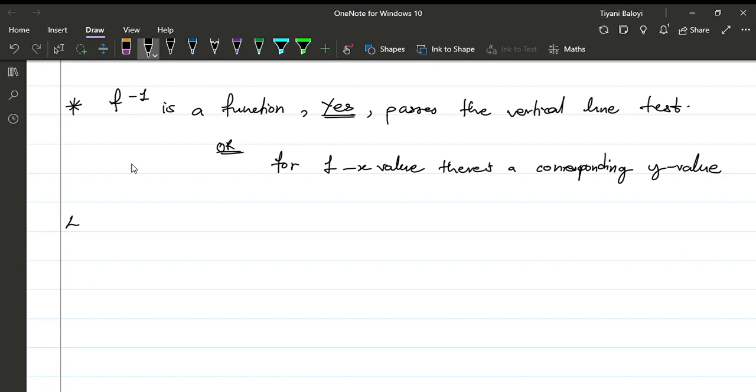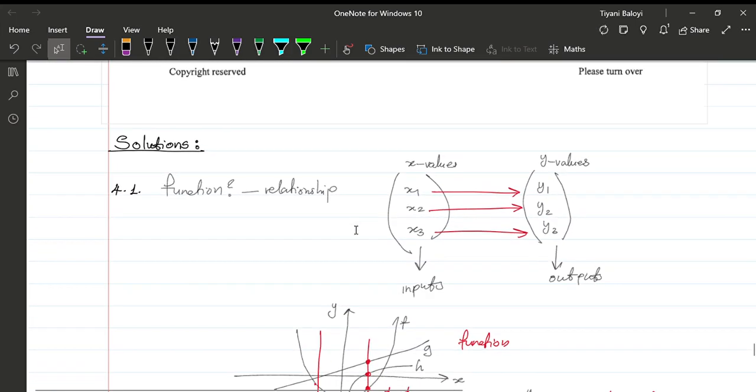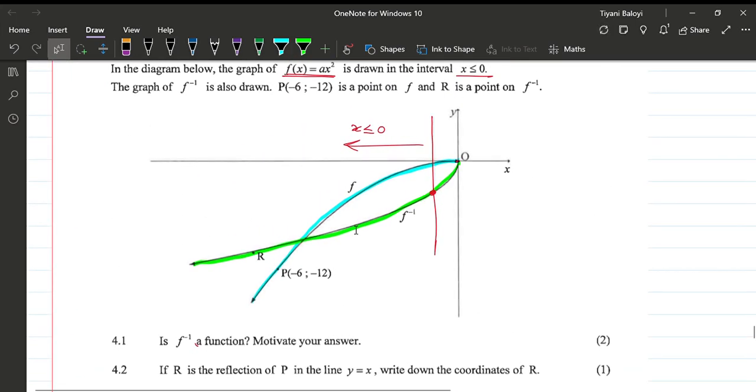So 4.2, what is the question for 4.2? 4.2 asks, if R is the reflection of P in the line y is equal to x, write down the coordinates of R. Okay, so let's just do this.